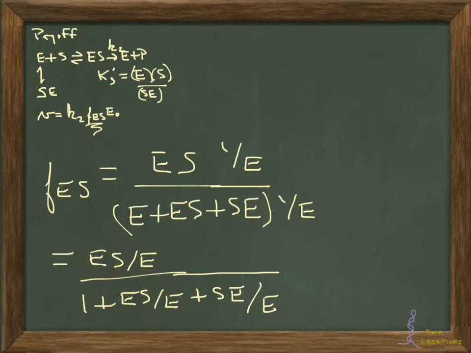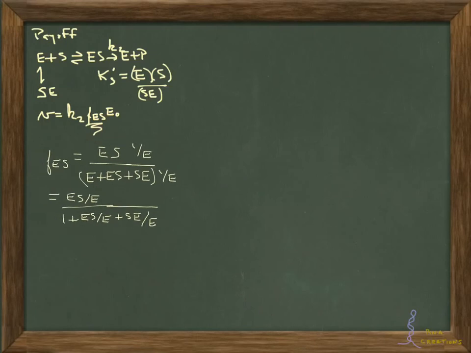All right. So let's keep going. And now we can write this down in terms of S and KDs. And so ES over E is equal to S over KM.